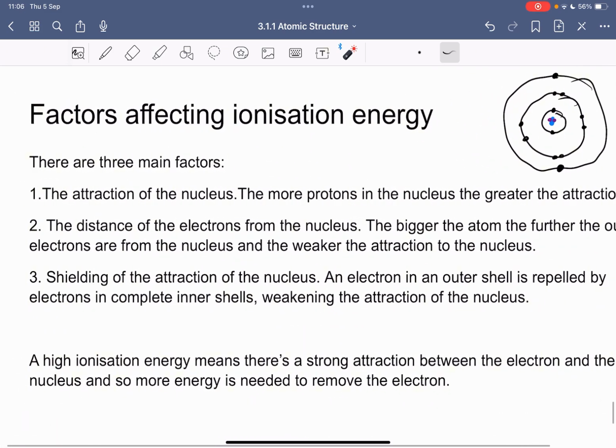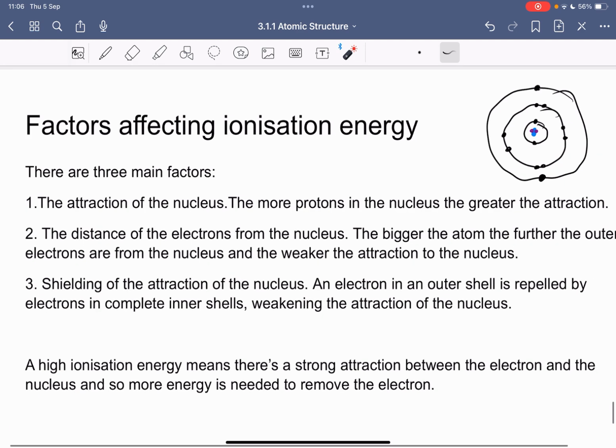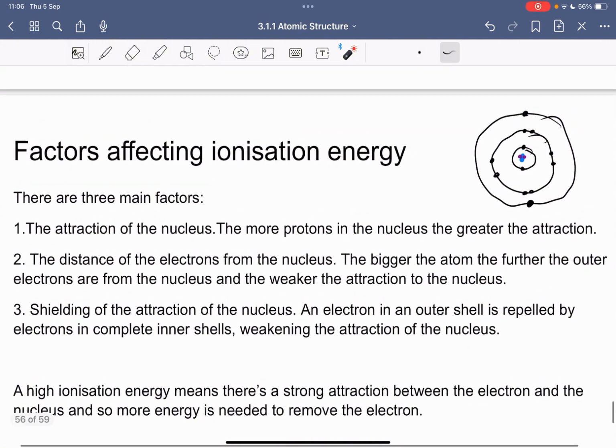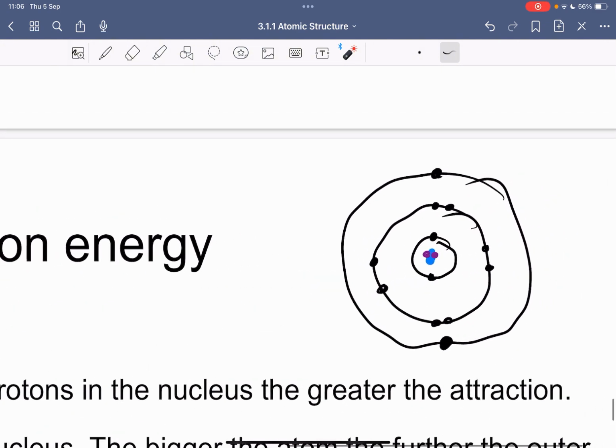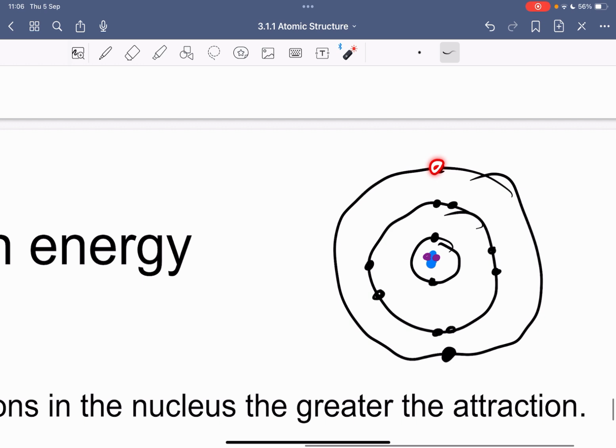Shielding of the attraction of the nucleus. An electron in the outer shell is repelled by electrons in complete inner shells, weakening the attraction of the nucleus. So essentially, if we're removing this electron, these electrons in the inner shells here repel this electron, because they're both negative, and so they repel each other.